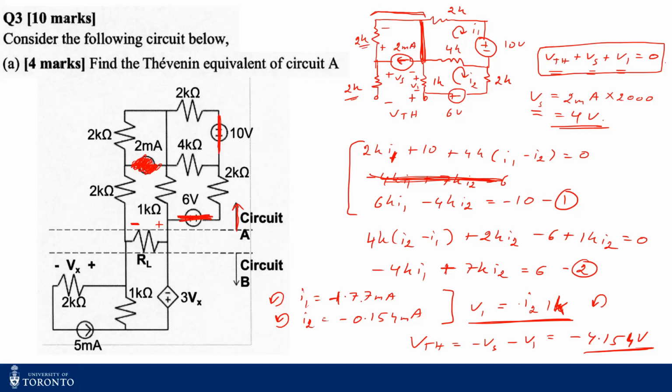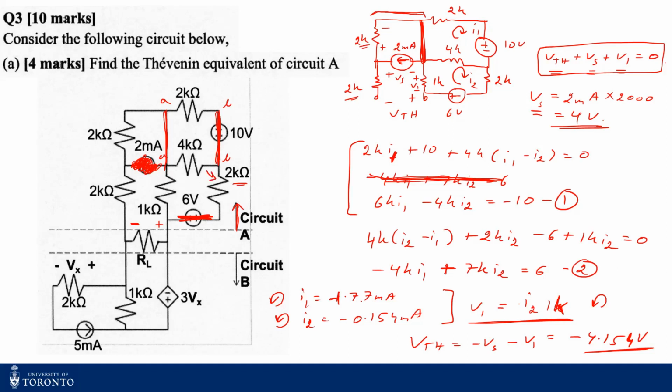Now you see these 2 kilo ohms and these 4 kilo ohms are parallel, because if I call this node A, this is also node A. If I call this node B, this is also node B. So these 2 kilo ohms and these 4 kilo ohms are parallel, which is in series with these 2 kilo ohms.